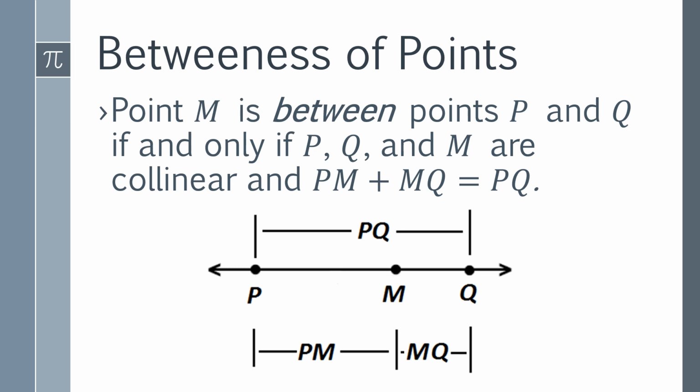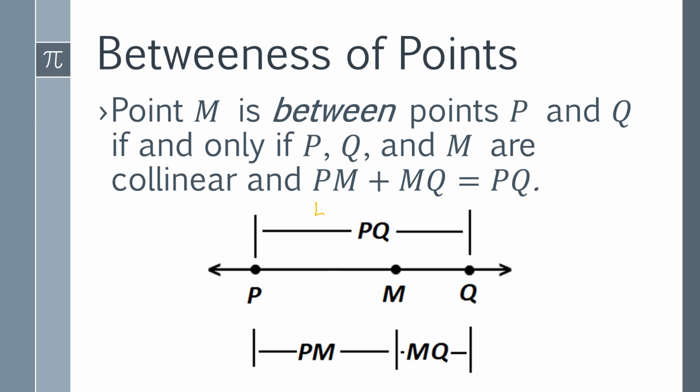Okay, now mathematically speaking, when it comes to measurements now, point M is between point P and Q if and only if P, Q, and M, they have to be collinear, they have to all be on the same line. And you'll see here is that this larger distance, right? So P and Q are the farthest apart.